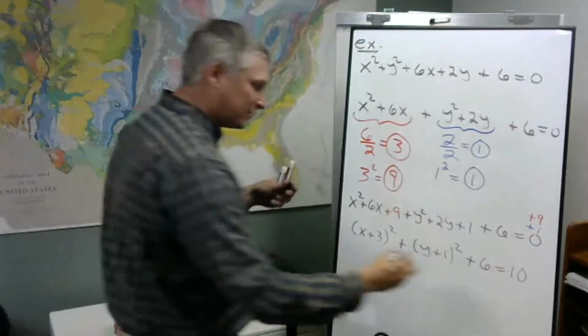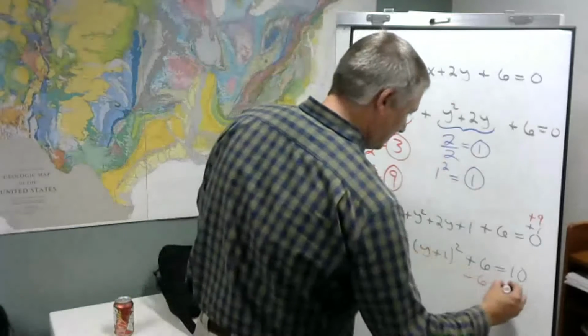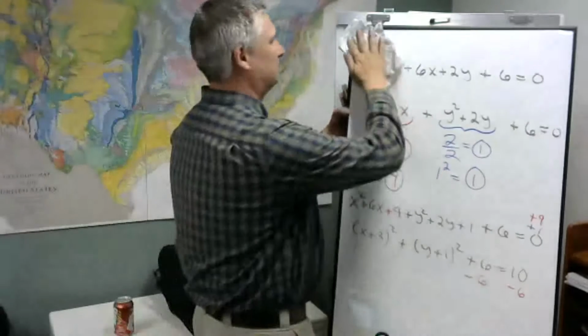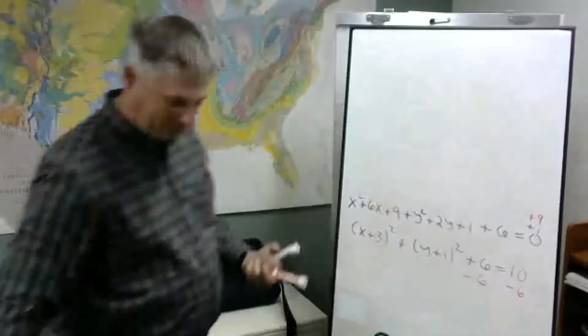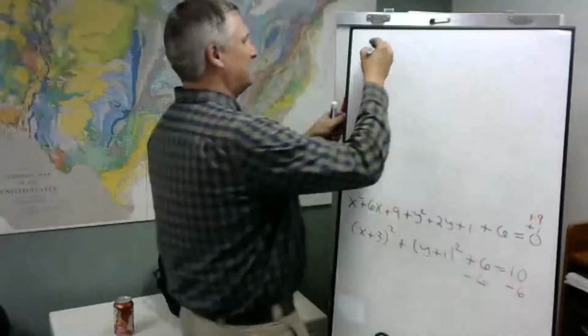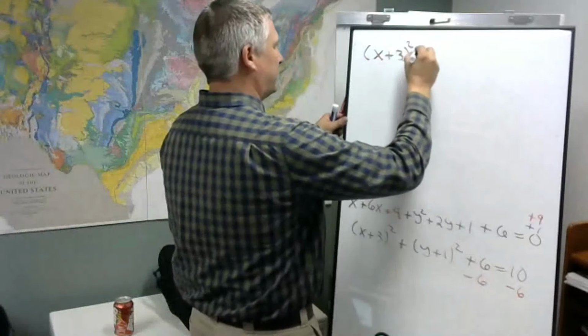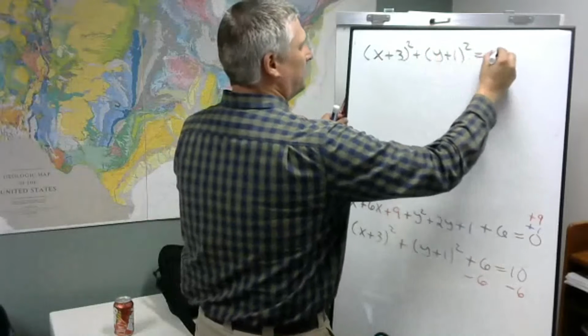Now we can subtract 6 from both sides. So you get x plus 3 squared plus y plus 1 squared equals 4.